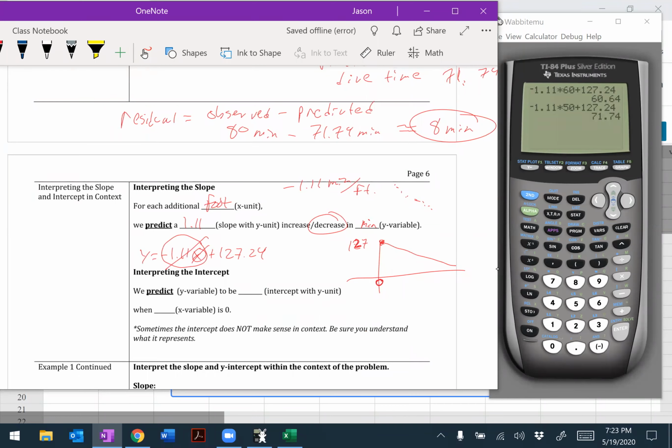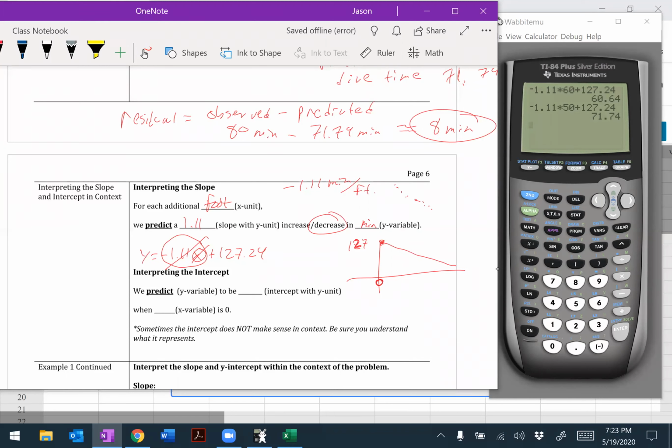It means that if I just snorkeled and didn't leave the surface, I could use the breathing apparatus for 127 minutes, about 2 hours.